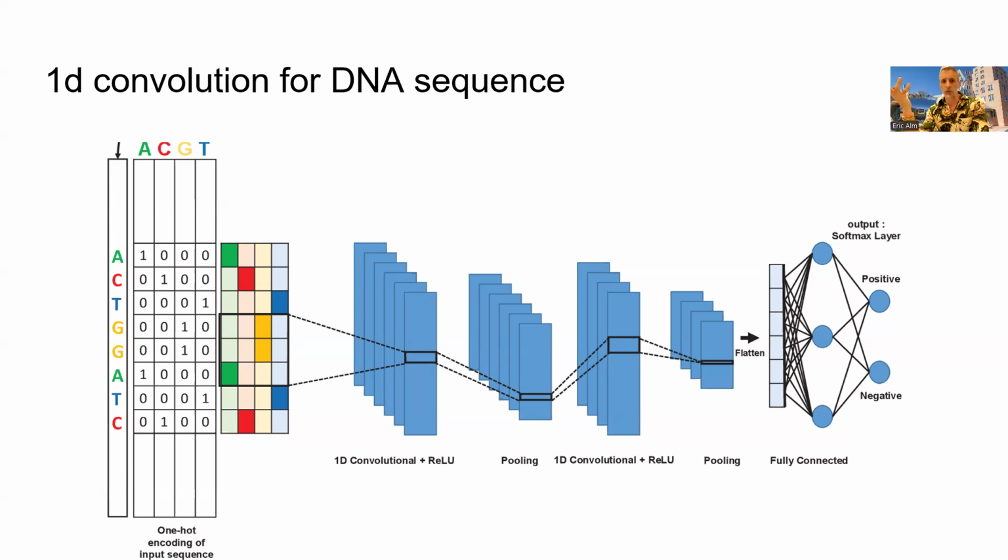So how do we do a convolution on a DNA sequence? Well, first, we take our sequence and convert it to one-hot vectors. These are one-hot vectors of ACTG, so those are the columns of the matrix that you see.